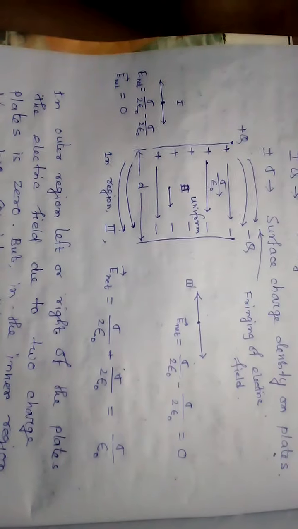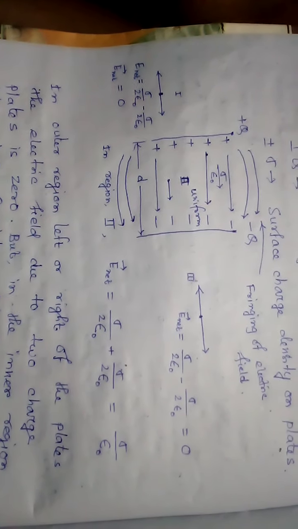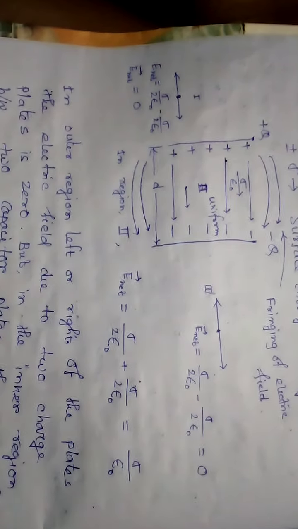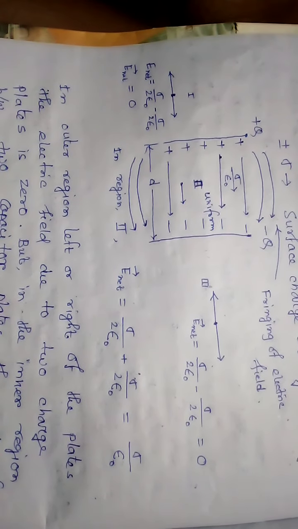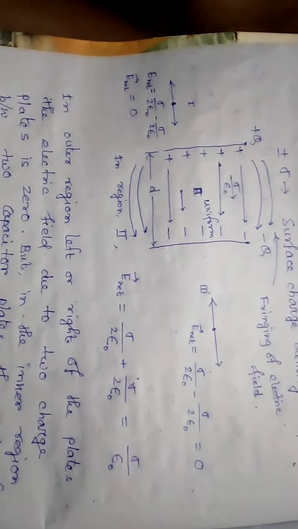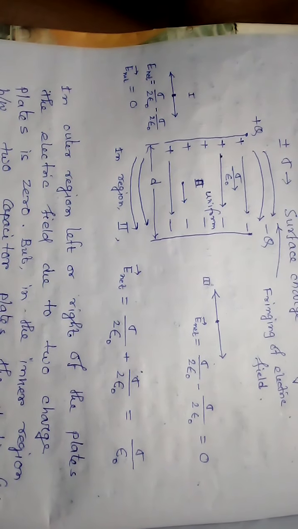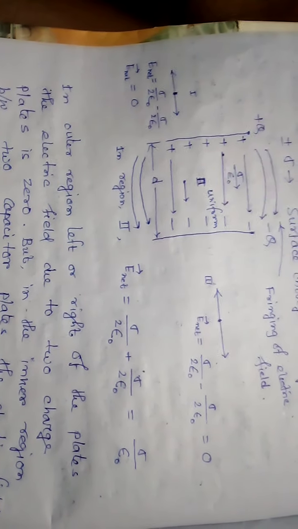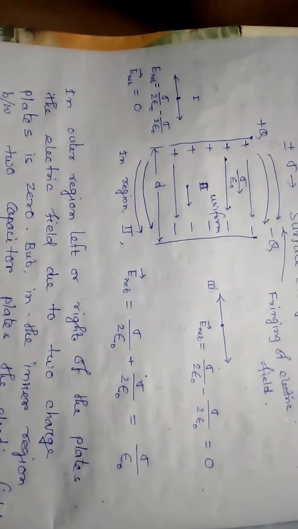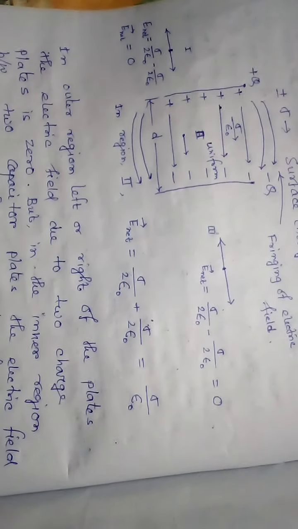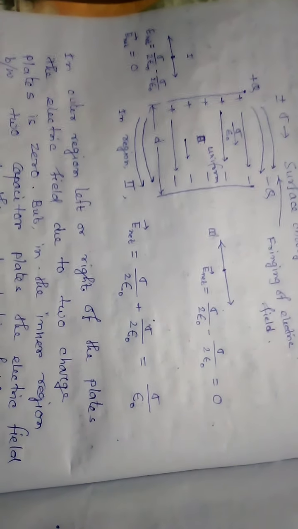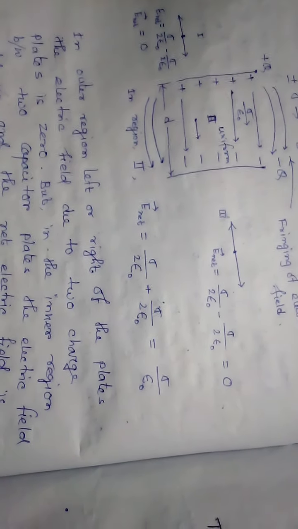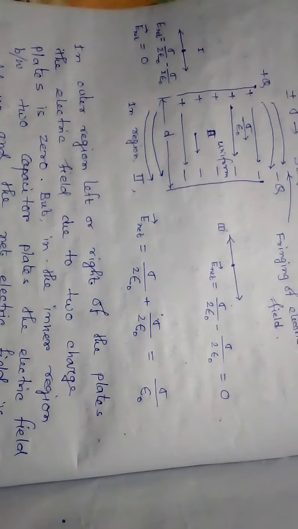We are also seeing that the net electric field is 0 at region 1 and region 3, that is outside the two plates, but a uniform electric field exists at the intermediate region between the two plates, which has the value E equals sigma by epsilon naught, where epsilon naught is the permittivity of free space.